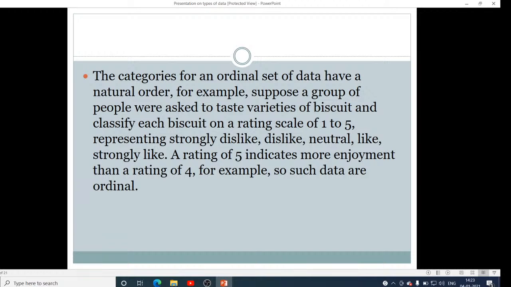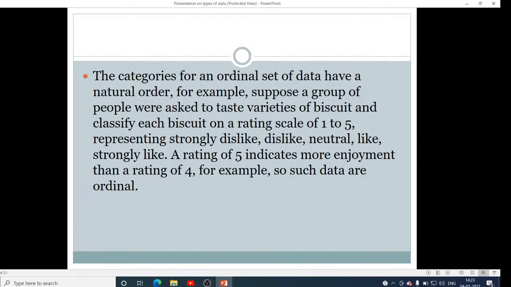The categories for an ordinal set of data have a natural order. For example, a group of people were asked to taste varieties of biscuit and classify each biscuit on a rating scale. You already know there are rating scales: 5-star rating, 4-star rating. We give apps 5-star and 4-star ratings also.